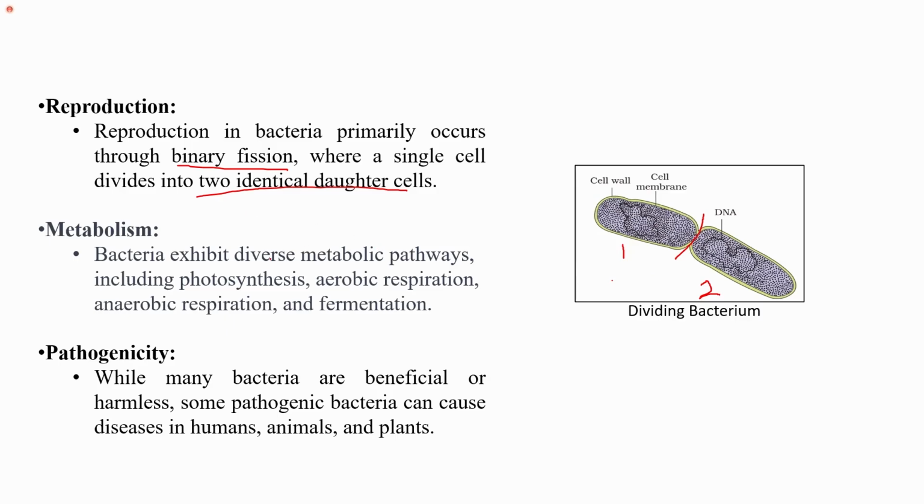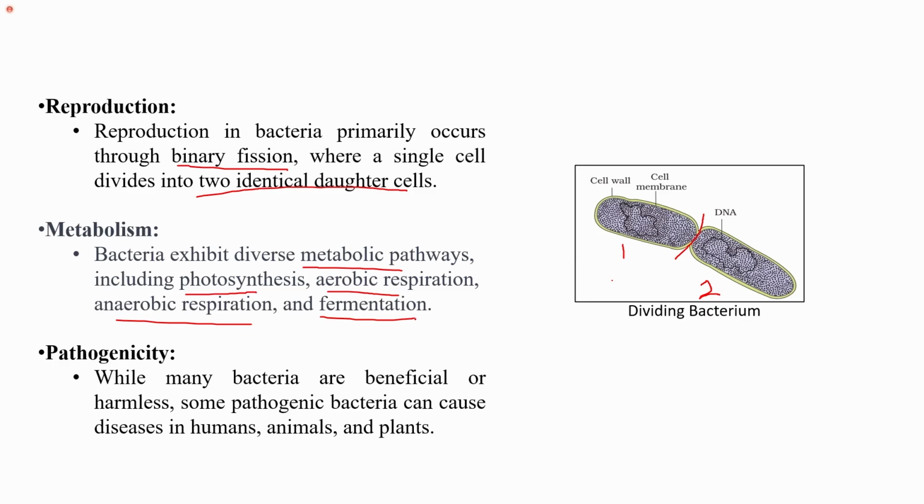Metabolism, again bacteria exhibit diverse metabolic pathways based on whether they are present inside the soil, water, or air. So based on their habitat also, they have adapted to different metabolism. They may undergo photosynthesis, aerobic respiration, anaerobic respiration, or fermentation. The anaerobic bacteria do not require oxygen for their survival, while there are certain bacteria which require oxygen for their survival.